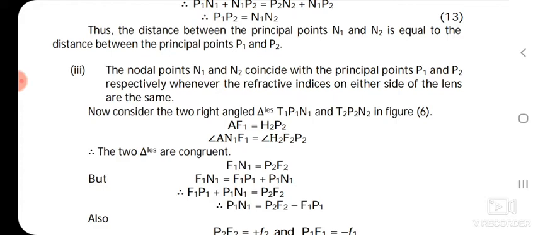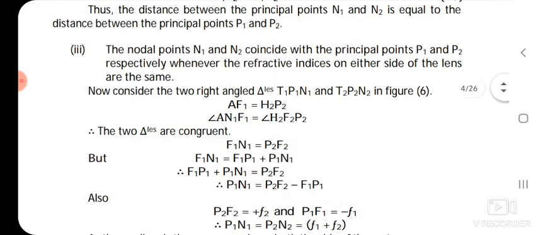If we substitute that value, P1N1 plus F1P1 is equal to P2F2. If we rearrange this equation, we get P1N1 is equal to P2F2 minus F1P1.